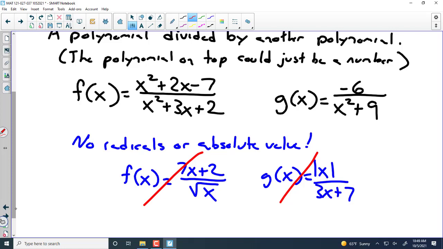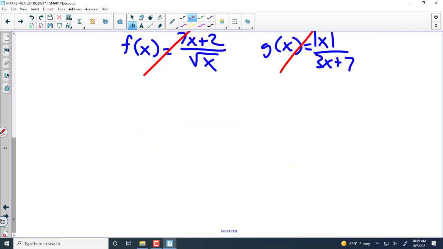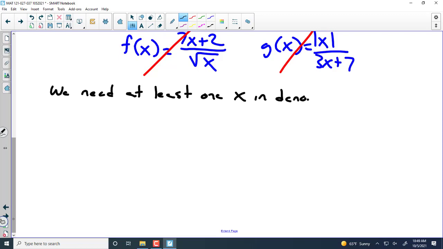Well, let me say this. We need at least one x in the denominator, or we just have a polynomial.